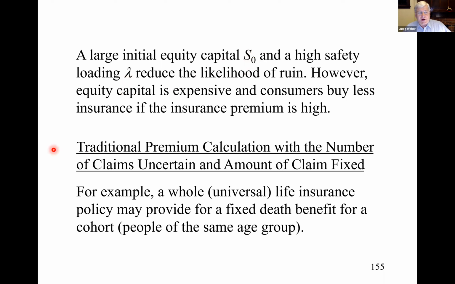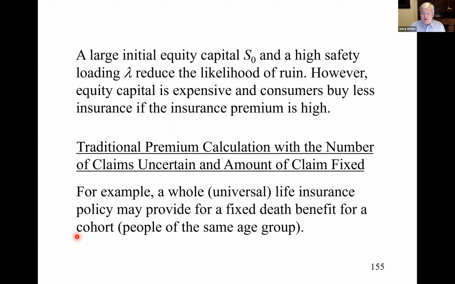Now let's first do the traditional premium calculation with the number of claims uncertain and the amount of claim fixed. As an example, you can think of a so-called whole or universal life insurance policy, which provides you a fixed death benefit for some cohort of people.